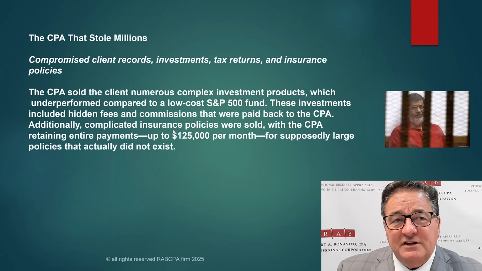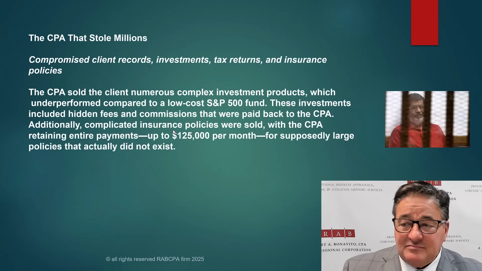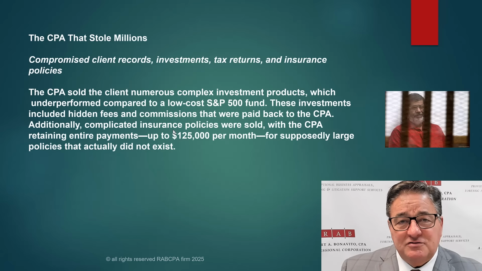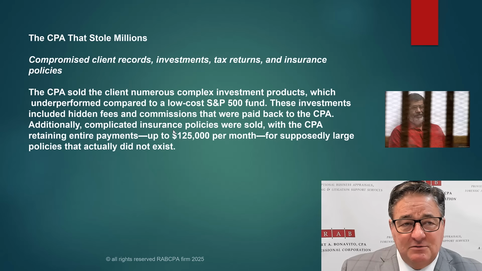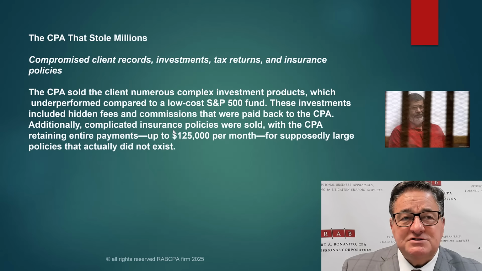And the one thing that really got us, obviously it was crazy, but he set up this one policy for the client, and she would mail him $125,000 every month, and he would pay the premium with that, supposedly. So what we did was we got copies of the checks, and what we saw was he was signing those checks and depositing them in his own account. There was no policy.